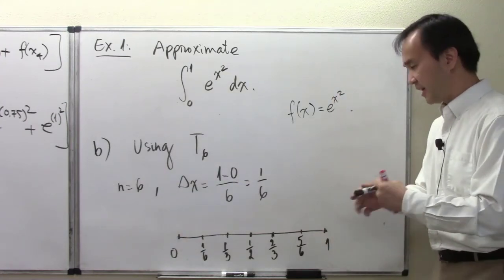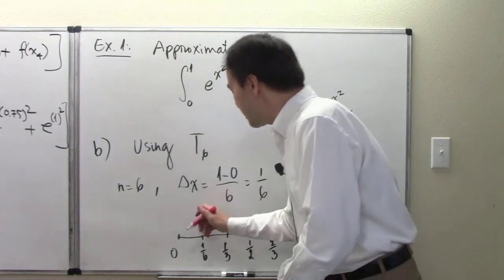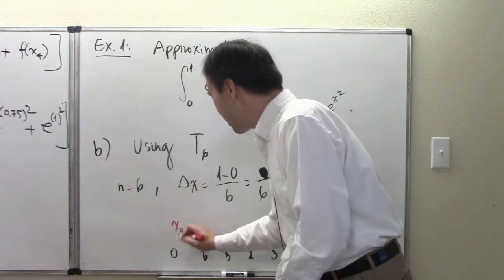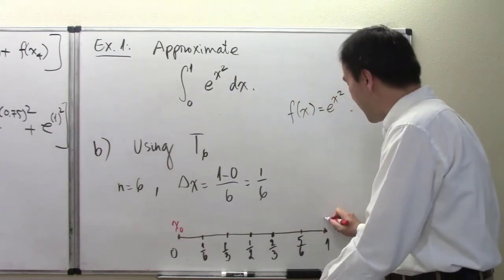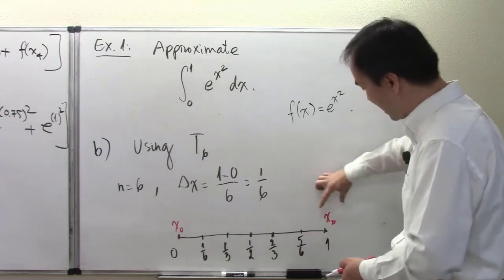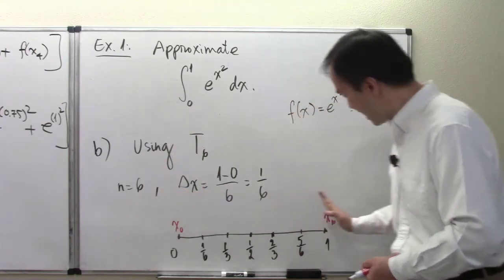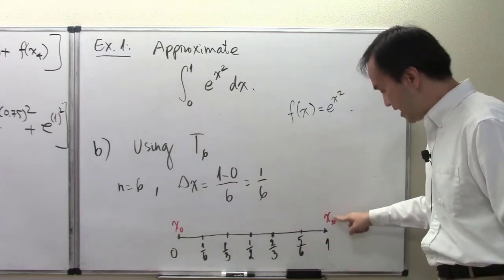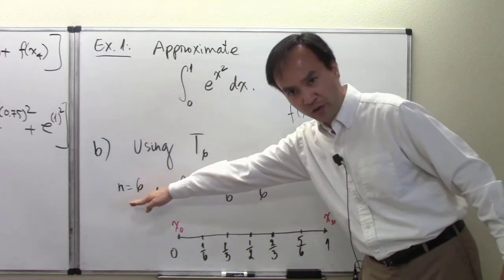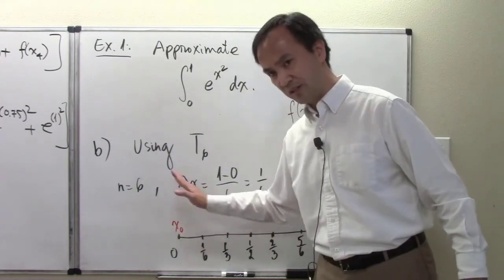And again, as a numerical label, I am going to write down, see, this is x sub 0. Our last one here needs to be x6, just like that. I want to show the correspondence between how we call the last point and the number of subintervals we need. So the last one, as a convention, is always x6 if we're going with n equals 6, and then the very beginning one is always x sub 0.